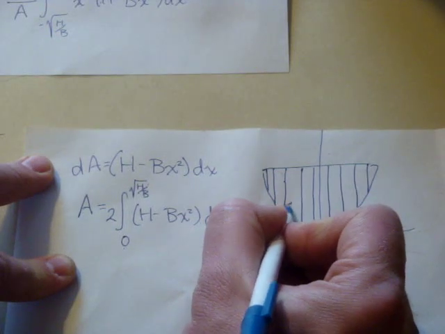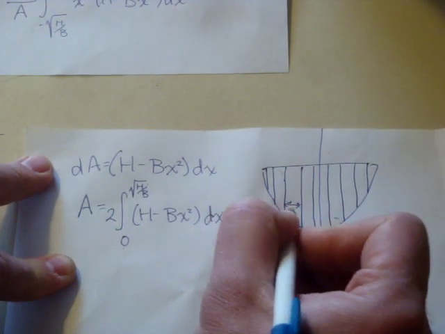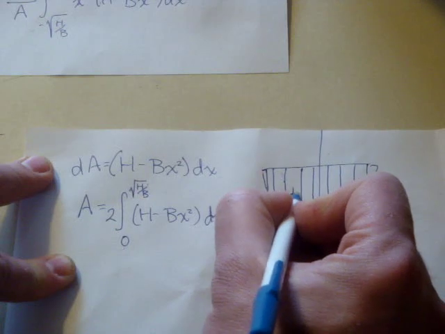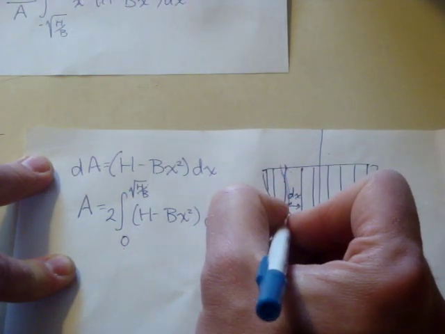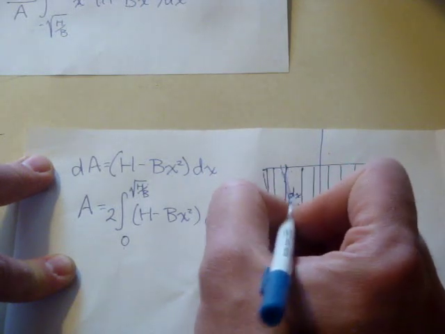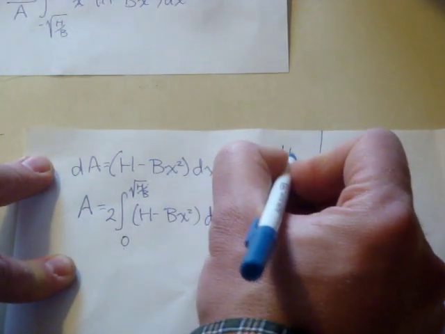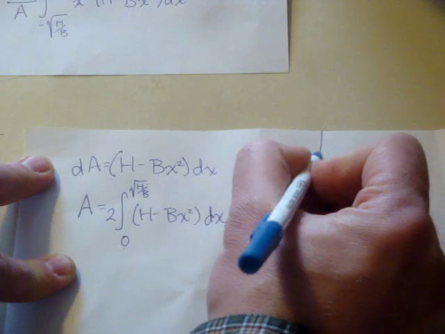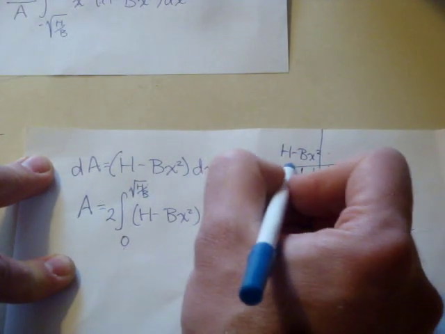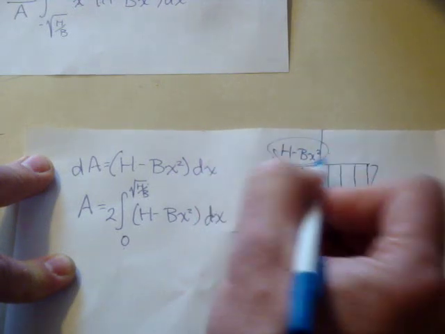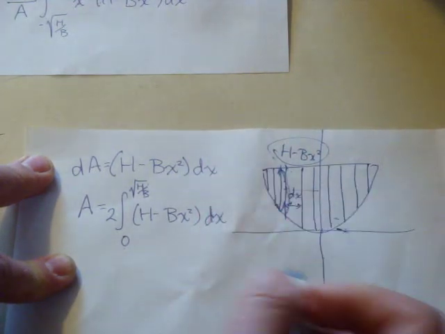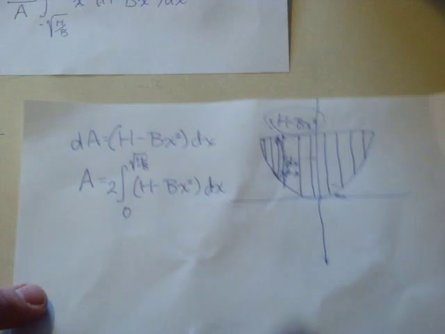As this little dimension of x gets very small and becomes dx, we need to know what the height of that strip is, and that height happens to always be equal to h minus bx squared. That's what this length is equal to, that value of y at any point x. So as we sum up all of these pieces, that's what we're going to do.